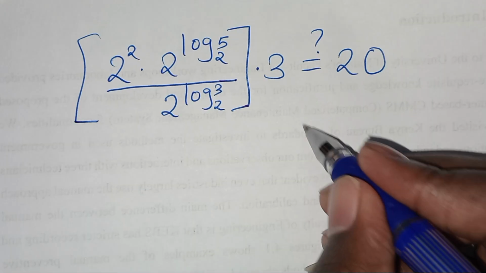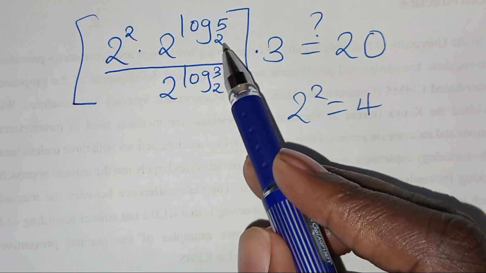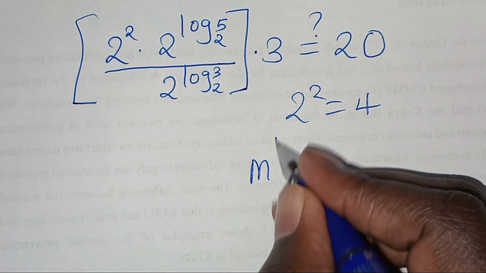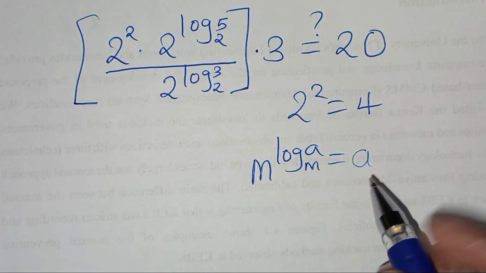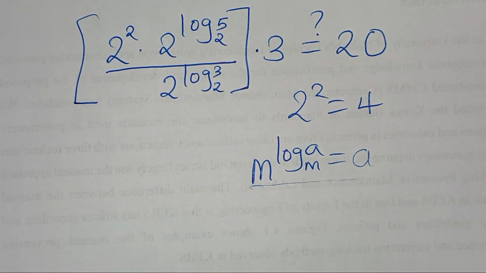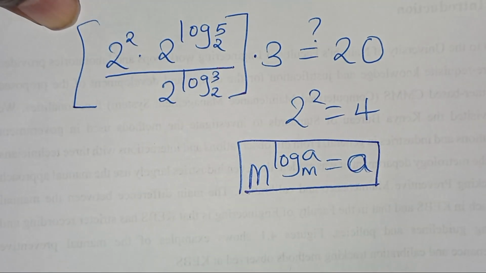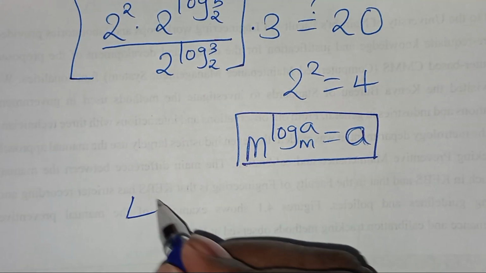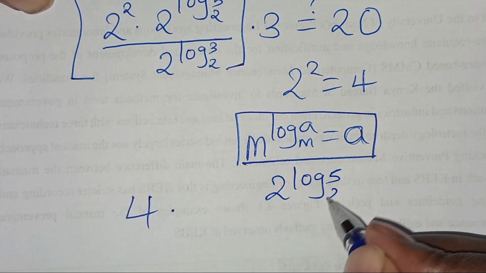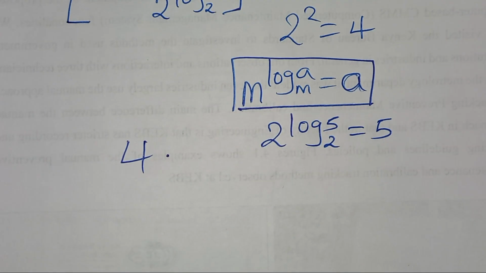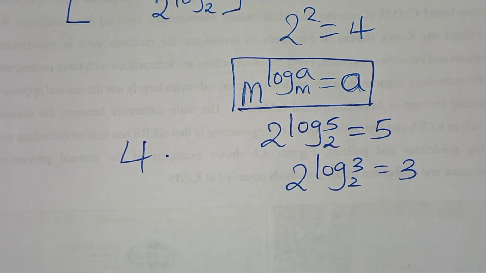2 to power 2 is the same thing as 4. And you find that 2 to power log 5 to base 2 is in the form of m to power log a to base m, which we can express as a. So applying this logarithm property, we'll have 4 times, now here 2 to power log 5 to base 2 is the same thing as 5, and 2 to power log 3 to base 2 is the same thing as 3.